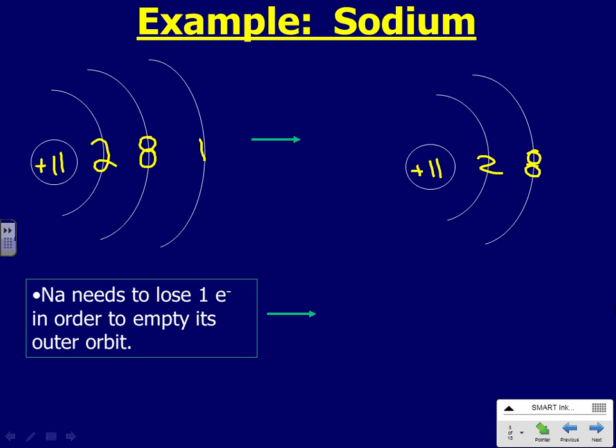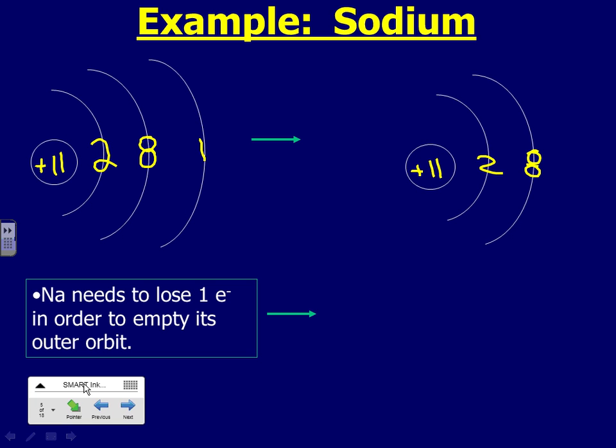And you'll notice now that I have one more positive charge than I do negative charge, and that makes the charge plus 1. So I'm going to just write underneath here, we have 1 more plus or positive than negative, therefore plus 1 charge.